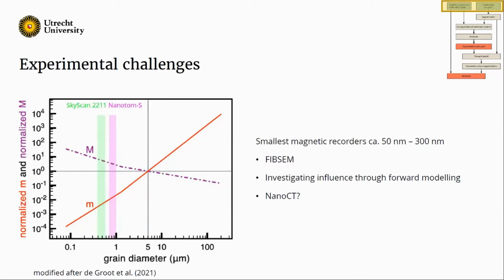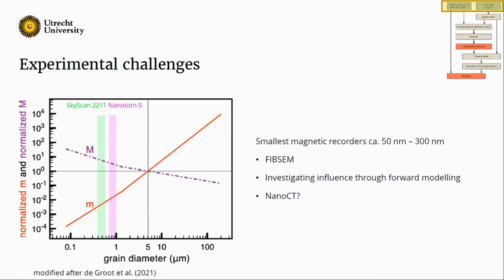Right now, one of our colleagues is investigating if these smallest grains are of importance, because as you can see on the y-axis, their magnetic moment is very small compared to larger grains. We're not sure yet, but if we don't need the smallest grains, then of course there's no problem anymore.